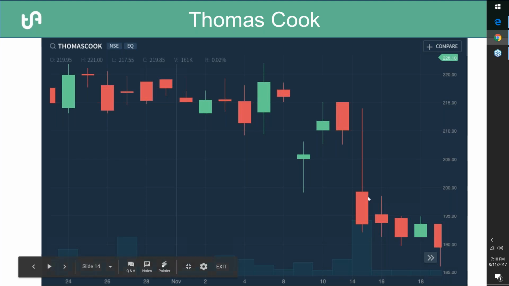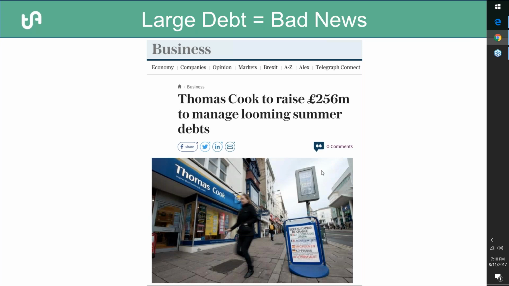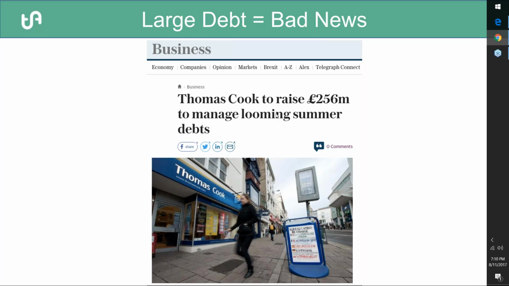Now, this is the day when the news came out, right here, on 15th of December. Do you guys see that? Let me go back to the previous slide. This is 15th December, and the news came out that Thomas Cook is looking to raise 256 million pounds to manage looming summer debts.